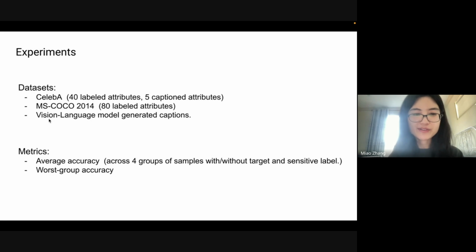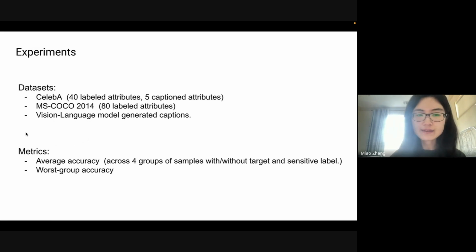We also experiment with vision language model generated captions to adapt this method to any image dataset. We use the LLaVA-NeXT model, an open source captioning model.